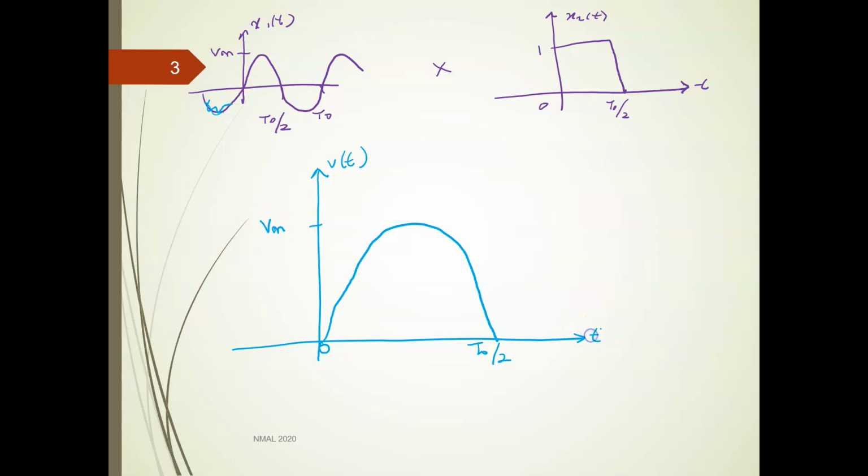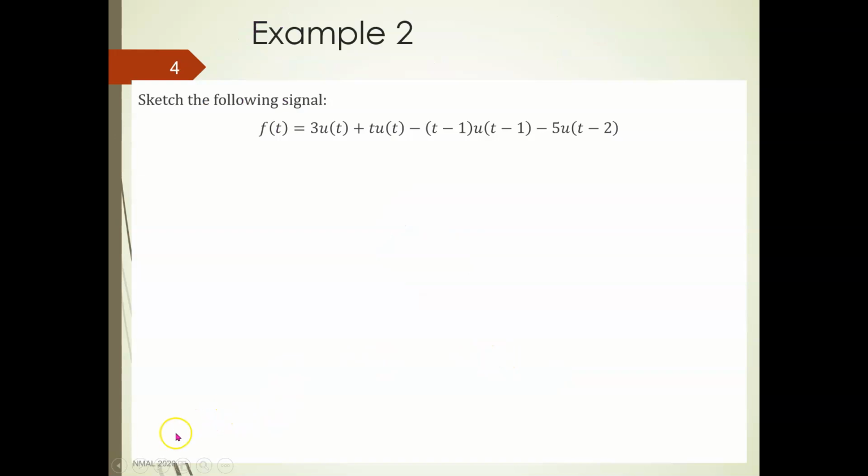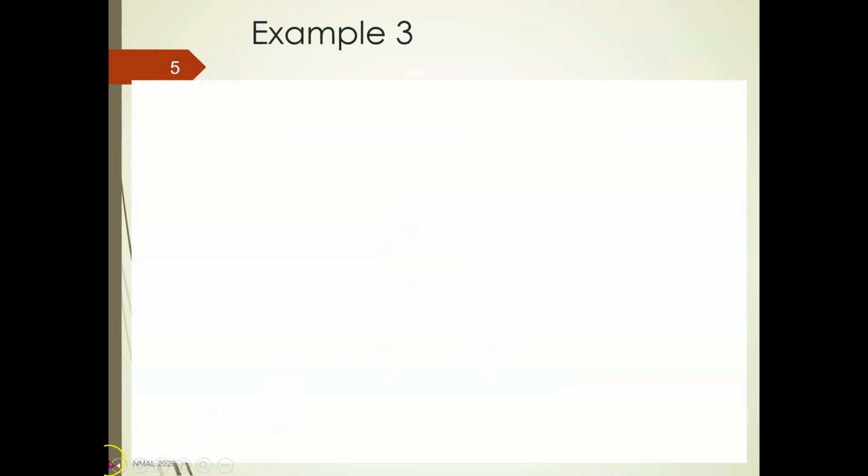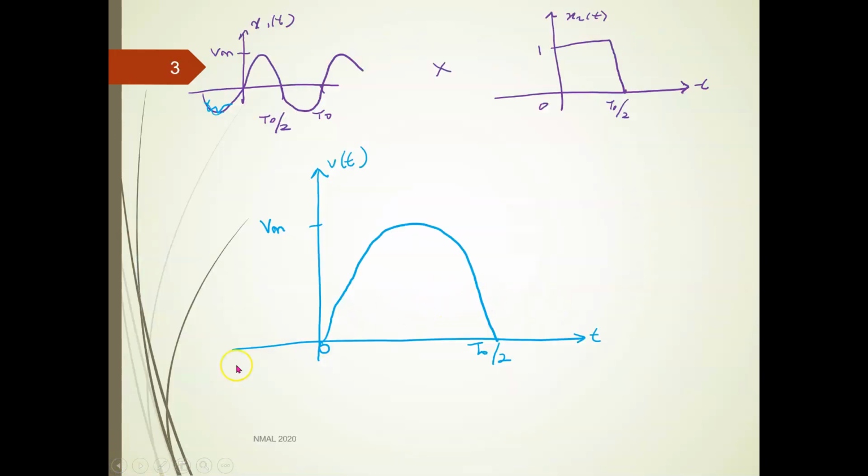Notice that after t0 over 2, there is no signal. Why? Because any signal here, when you multiply by 0 at x2t, becomes 0. So there is no signal. Basically that is the answer for Vt.